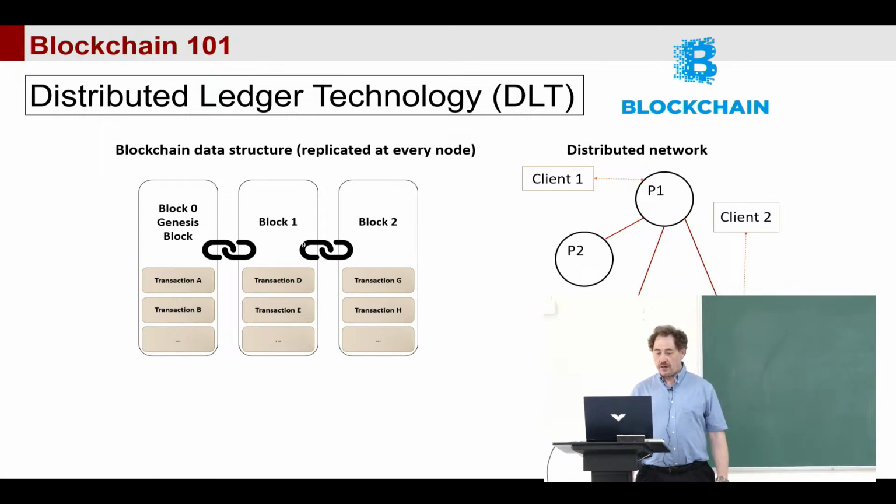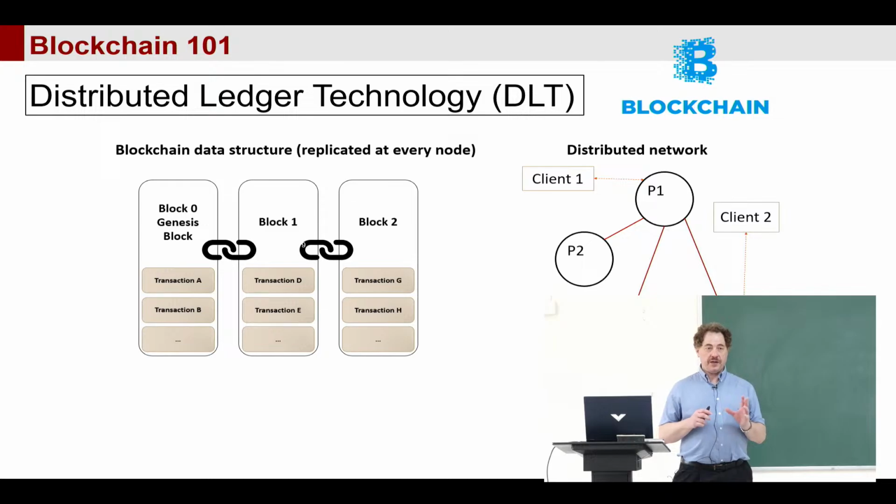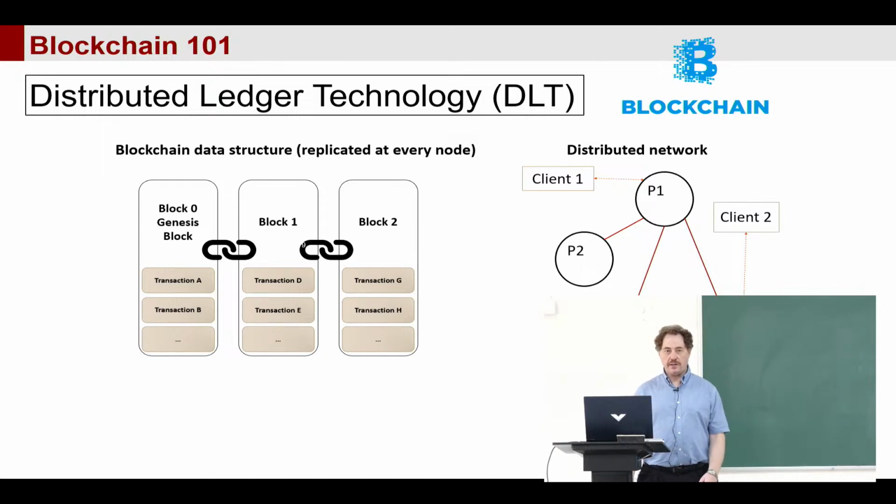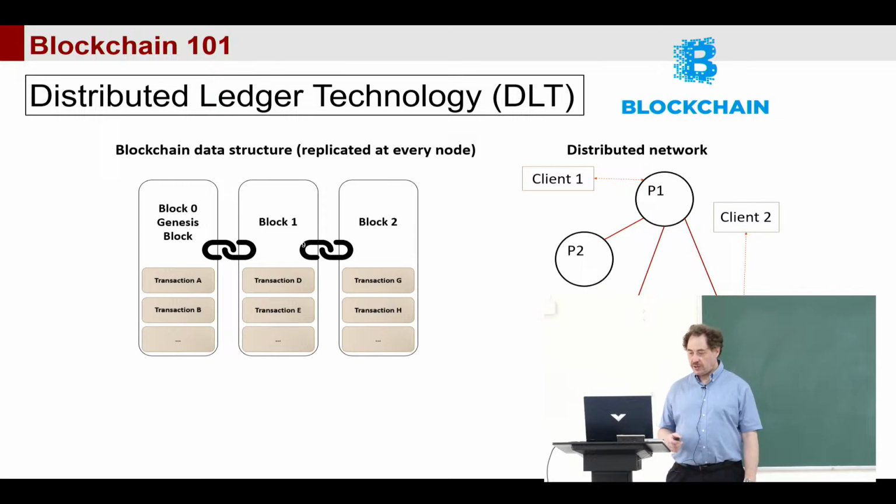And the data structure is replicated. A blockchain network is formed by individual nodes, sometimes called peers, and every node replicates the data structure. What you can see here in the illustration is the network between the peers.